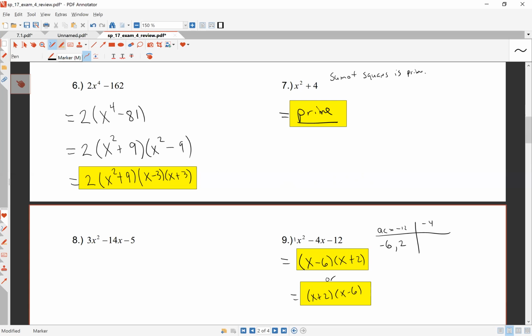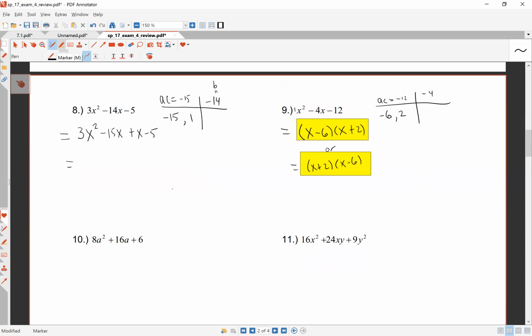In number 8, in this case, AC is 3 times negative 5, which is negative 15, that adds to negative 14. Those numbers that give me negative 15 and negative 14 are negative 15 and 1. But it's not so easy anymore like the last example. This time we replace the negative 14x with negative 15x plus x.